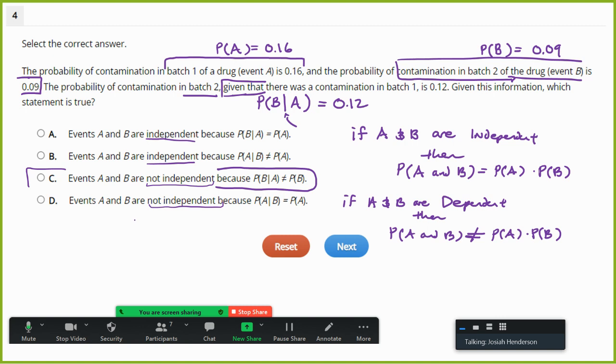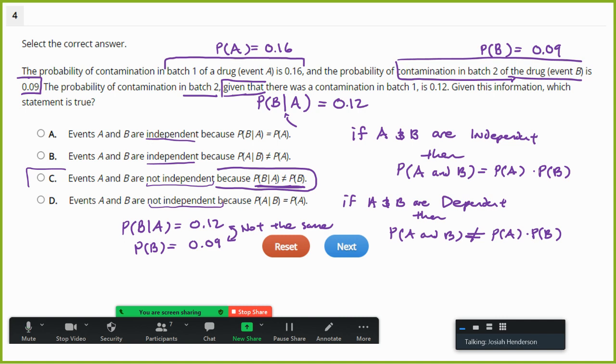So Aaron and Antonio, probability of B given A, they told us is 0.12. Probability of plain old B is 0.09. These are not the same, clearly. And because these are not the same, this statement in C is true.